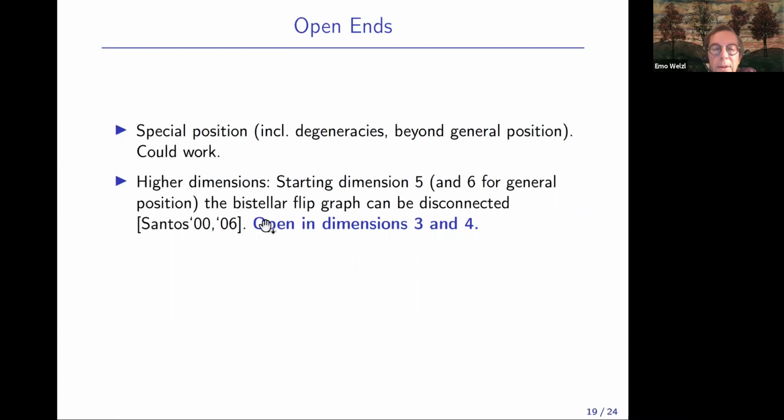So if anything of what we are doing generalizes to higher dimensions, then what we could probably show is that, say, in dimension 3, every connected component of the flip graph is highly connected. But I don't think we can show something for the connectedness per se.